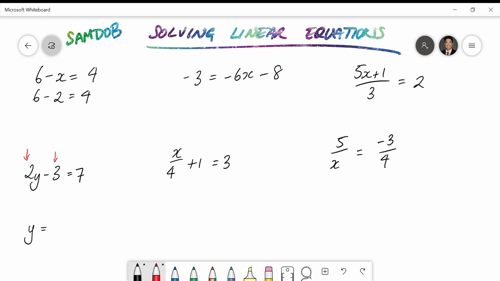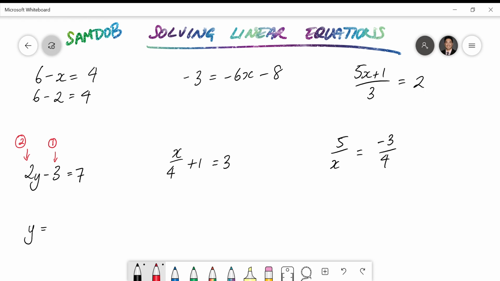There is a step and a procedure to follow, and SAMDOB is going to help us. With SAMDOB, subtraction or addition is the first step. In this case, the minus 3 is our first step. The 2 is going to be our second step.